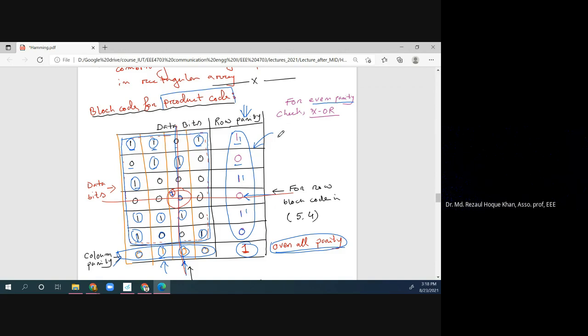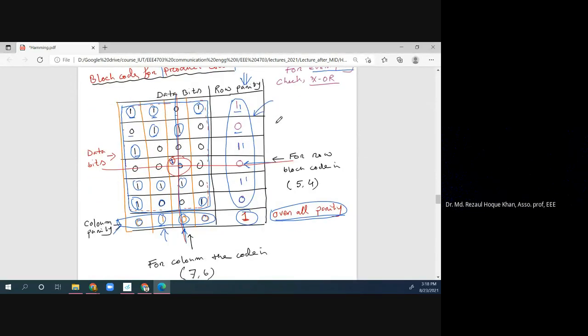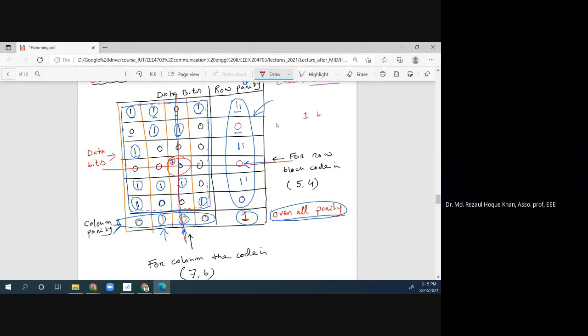The problem is that this block code, like product code, can detect only a one-bit error. If a 2-bit error happens, it cannot detect it. For example, simultaneously this also becomes 1. Then you see this was 1, this was 1, 1 1 is even, so automatically this is 0.